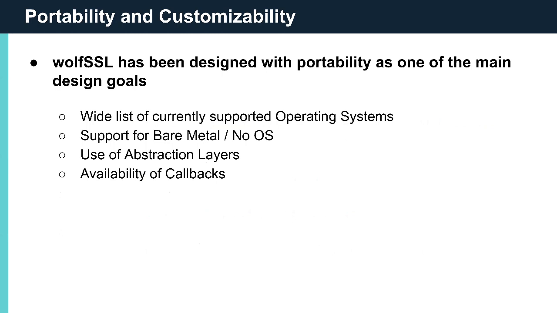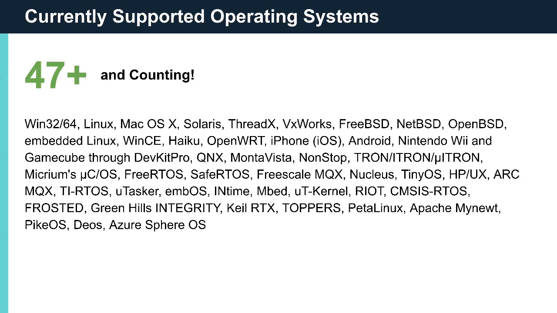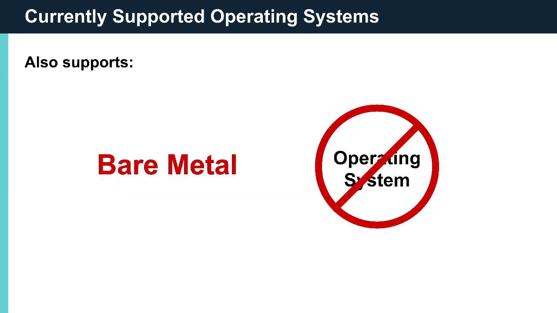As far as design goals go, we know we're going to support a wide variety of operating systems and RTOSes. We know we want to support bare metal, just no operating system. We've done our best to integrate abstraction layers and callbacks when that makes sense. We support over 47 operating systems now, which is a long list, and that grows by at least a couple every year. We do support just running in a bare metal environment.